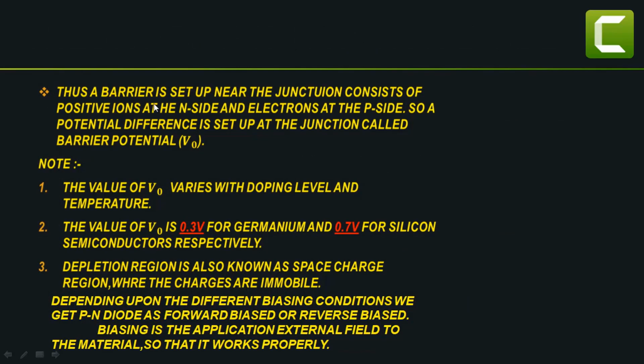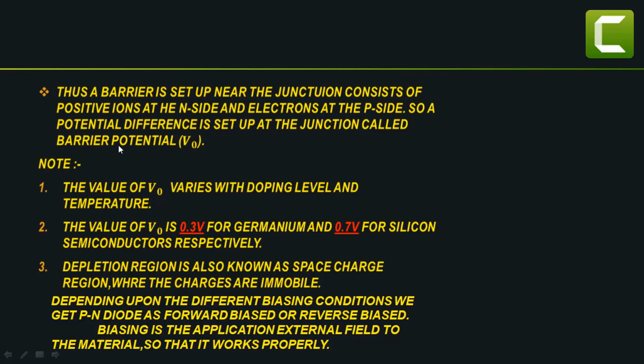Thus a barrier is set up near the junction, consisting of positive ions at the n-side and negative ions at the p-side. So a potential difference is set up at the junction, called the barrier potential, which has a potential of V0. Note that the value of V0 varies with doping level and temperature.